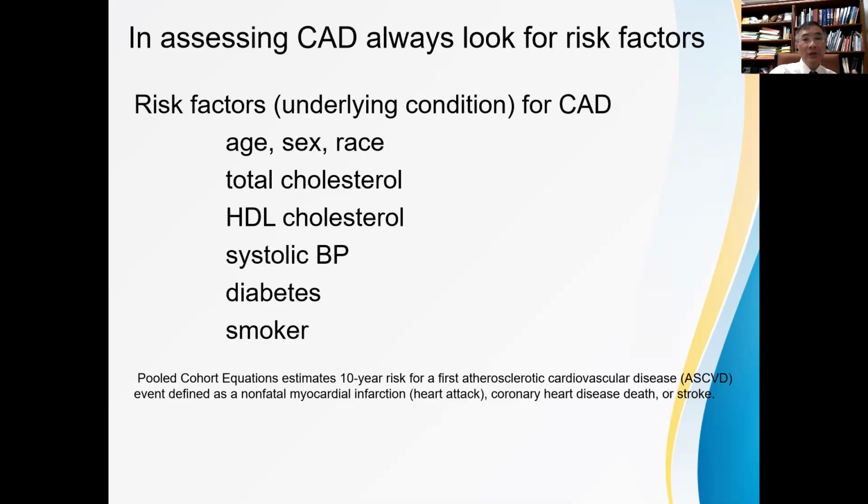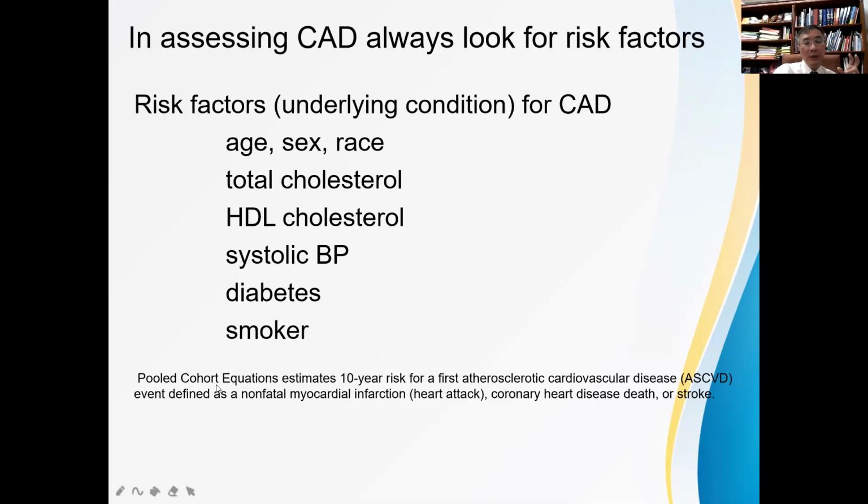The total and HDL cholesterol are important factors. High total cholesterol and low HDL make a person more likely to get coronary artery disease. High blood pressure is a risk factor for coronary disease, as is diabetes and a smoking history. Now, these are the parameters that make up the pooled cohort equation.